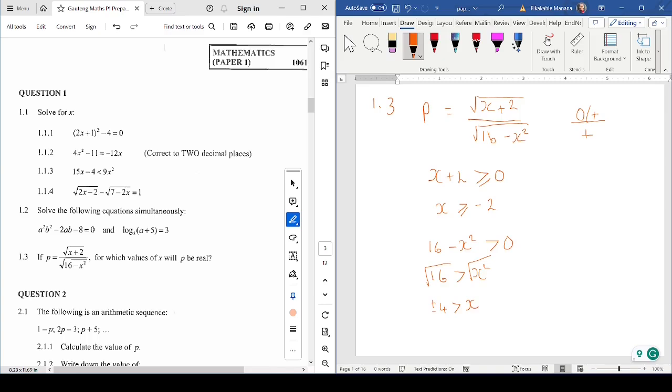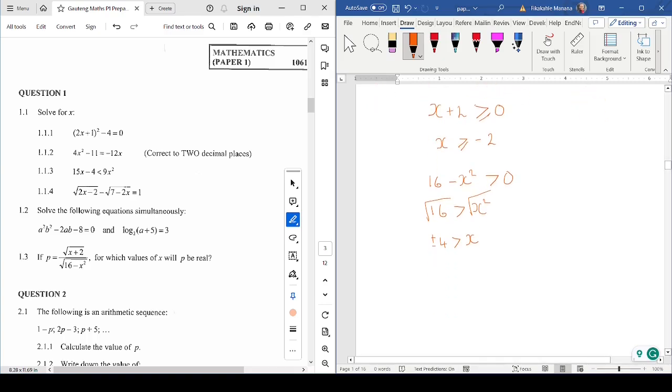Cool. So let me put this into perspective. I have to combine both of them. I've got two x values. First of all, let's start with this one. x has to be greater than or equal to -2. So I can rewrite that like this, then -2.